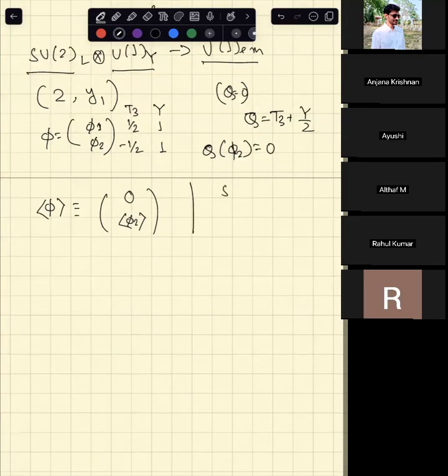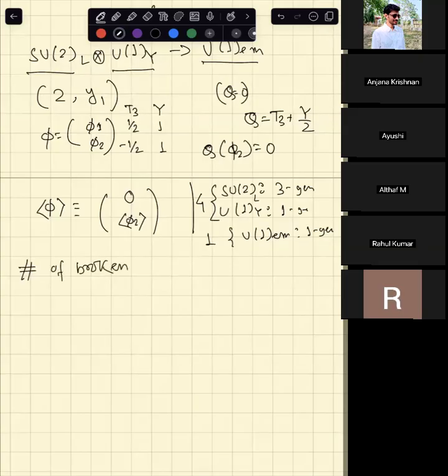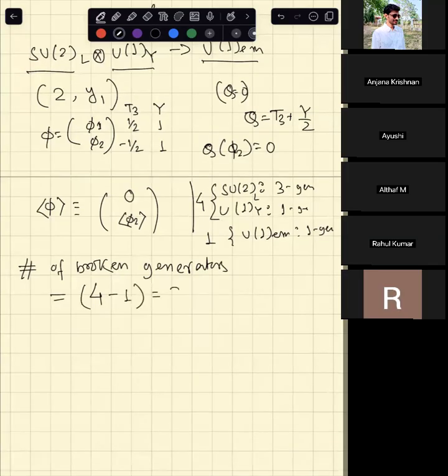So, to start with, you have SU(2), which has 3 generators. For U(1)Y, you have 1 generator. So, in total, I have 4 generators. And now, unbroken, you have U(1) electromagnetism, which has 1 generator. So you can call the number of broken generators equal to: you start with 4, you leave 1 unbroken, so 4 minus 1 equal to 3.